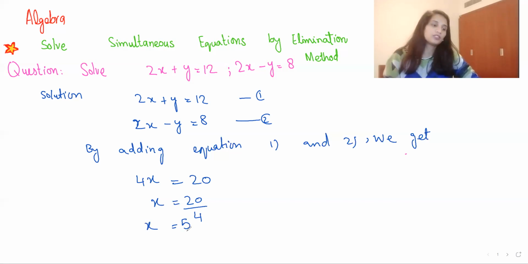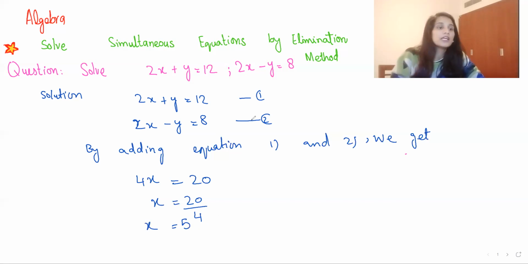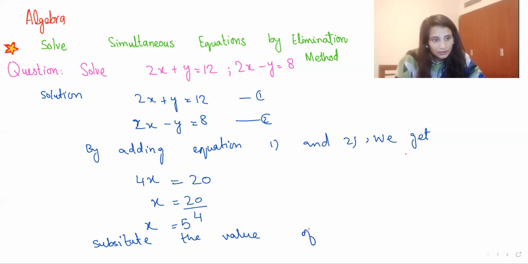If we substitute the value of x in either equation 1 or 2, we will get the solution for y as well. Substituting the value of x in equation 1, we get 2x plus y is equal to 12.